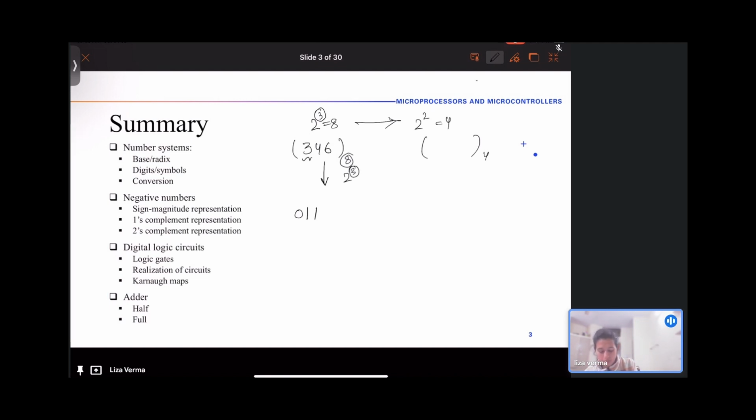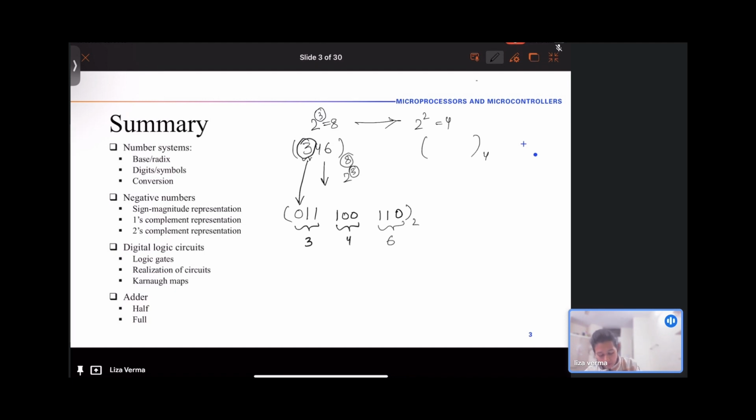So this power will dictate the number of bits that you use to represent this number in binary. So 3 is 0 1 1, 4 will be 1 0 0, and 6 would be 1 1 0. So this is the representation of 346 in base 8 in binary.